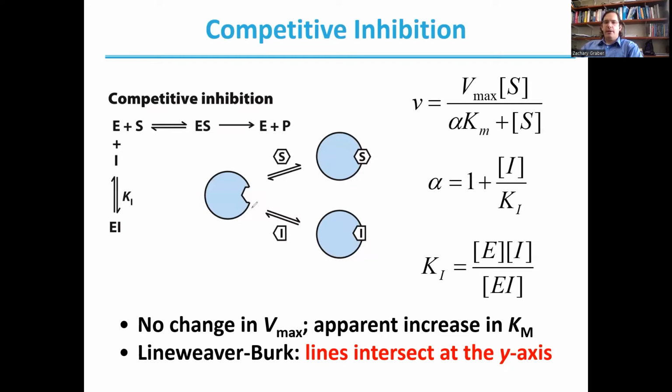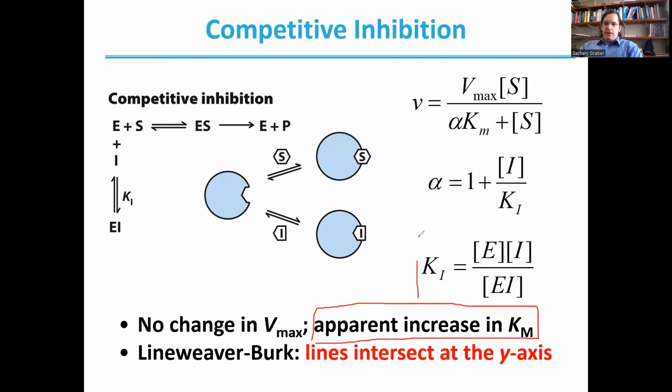Essentially what we're doing here is decreasing the affinity of our enzyme for our substrate. Since our affinity is expressed in the form of our Km, we get an apparent increase in our Km value, right? Essentially, our affinity is decreasing, which would be an increase in our Kd or our Km, because of this competition with our inhibitor.